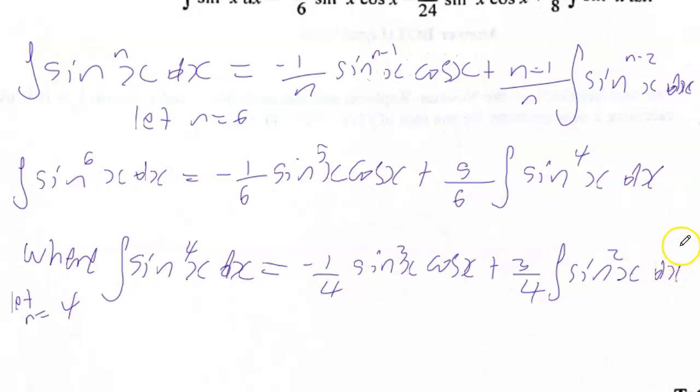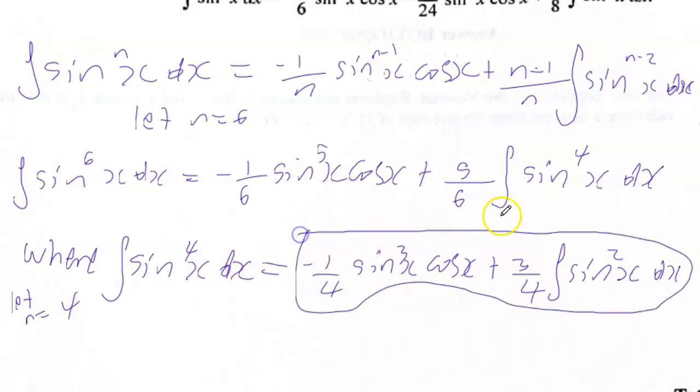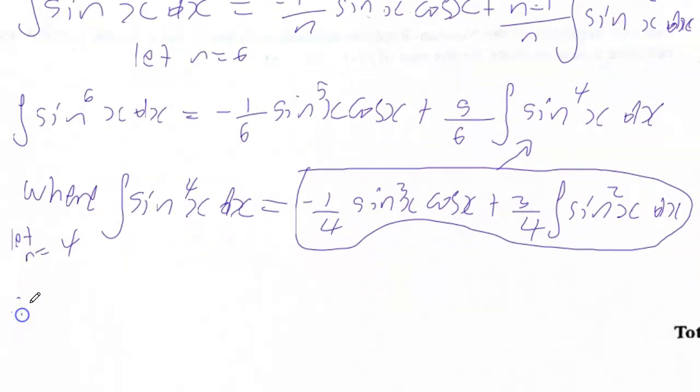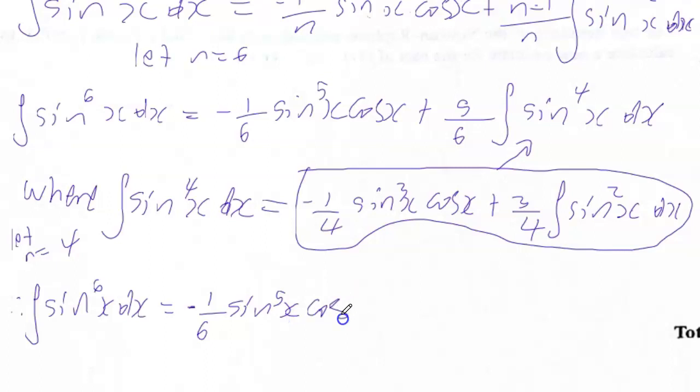Alright, so what we can do now is simply substitute all of this into the original sine to the power of 6. Therefore, the integral of sine x to the 6th power is negative 1/6 sine x to the 5th power cos x plus 5/6 times the integral of sine to the 4th power.